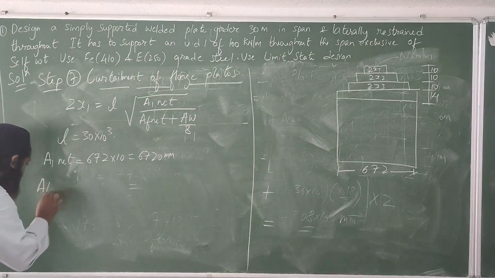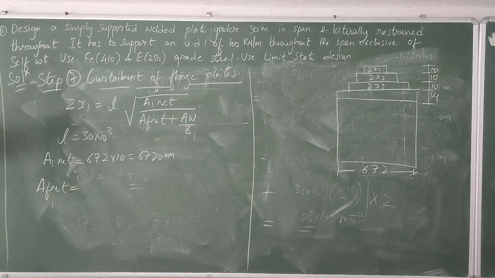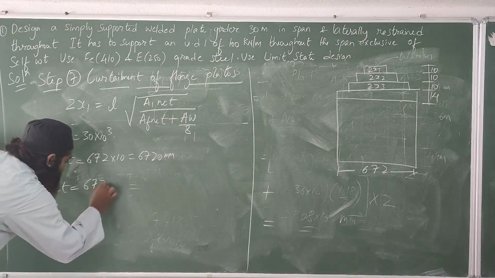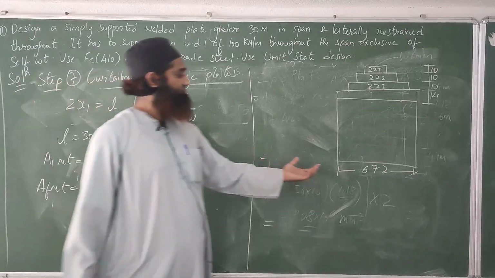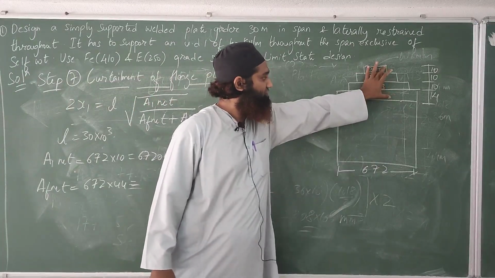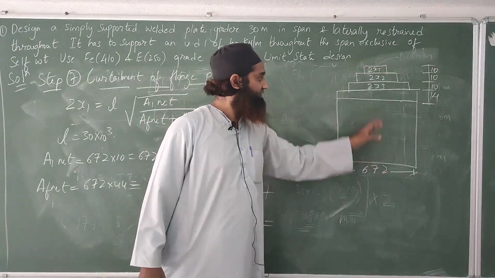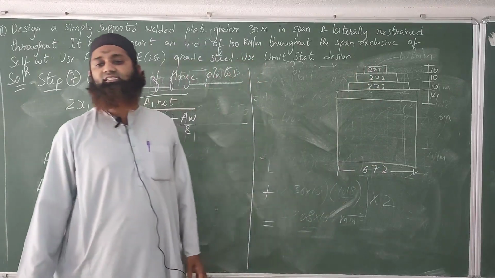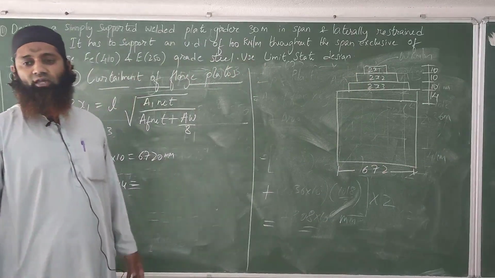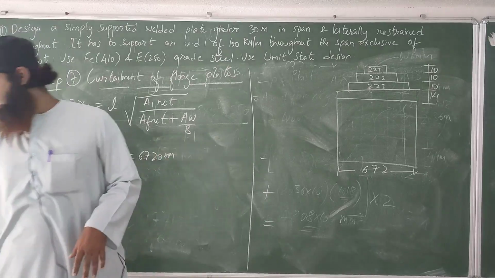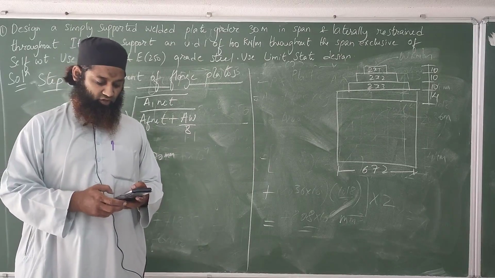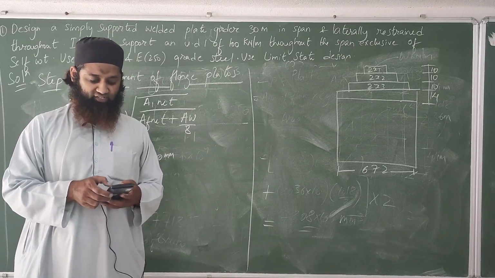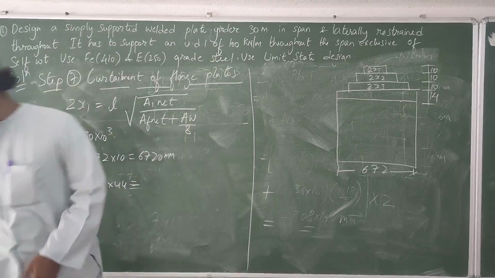AF net is the total area of the flange, that is 672 into 44 total. I have written this flange as 672 and the thickness as 44. If you calculate 672 into 44, you get 29568 mm square.